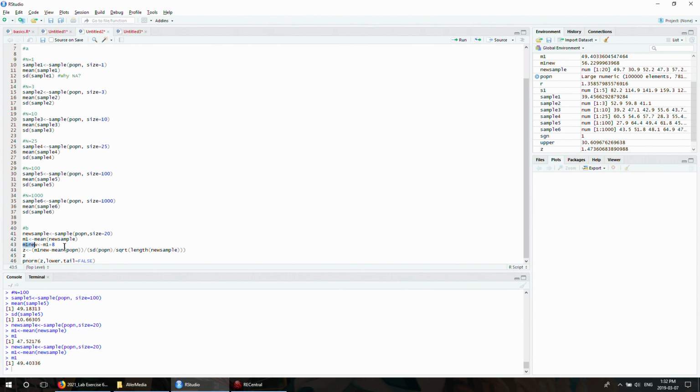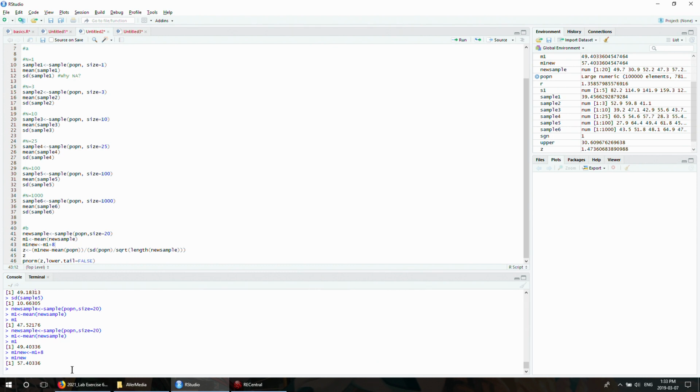Okay, so, and what we're going to do here is, oh, okay, I see. Instead, we're just going to store the mean of the original population plus 8 into a variable called m1 new. So m1 new is 57.4 instead.